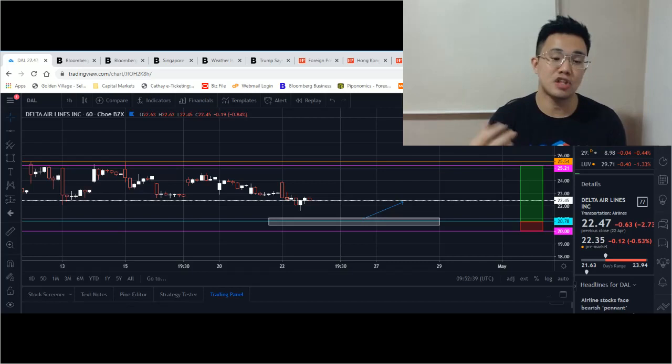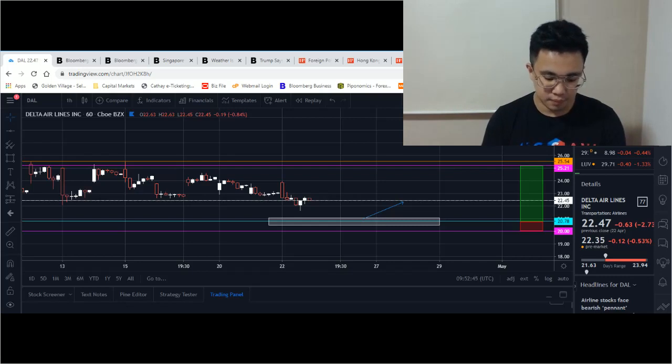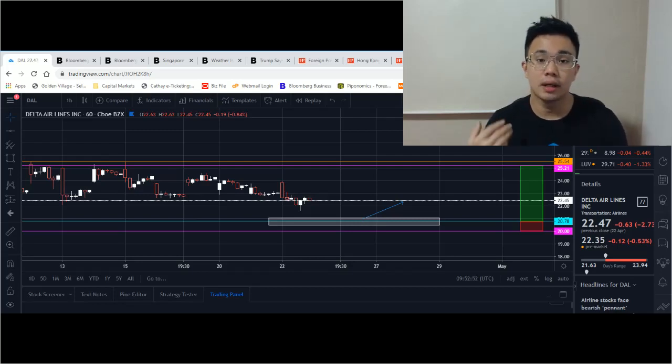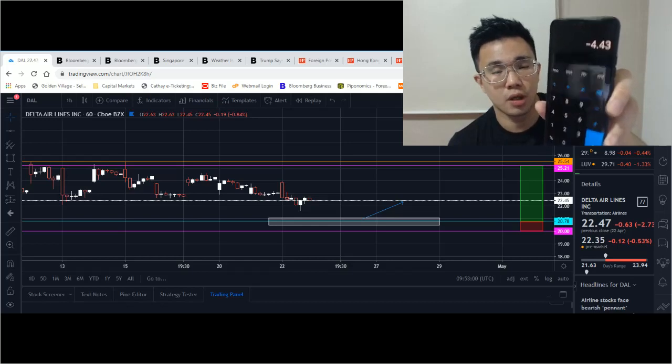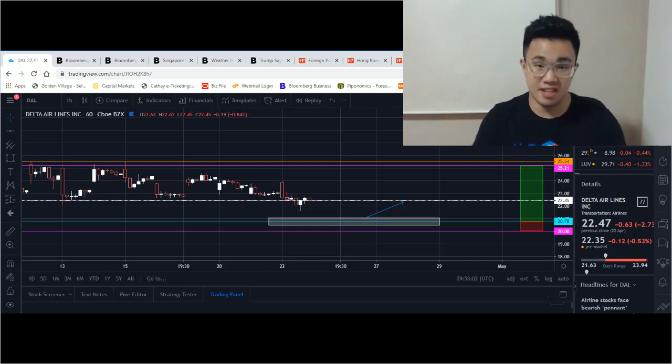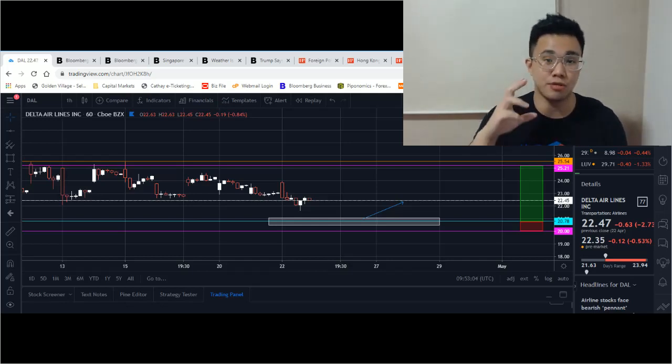Now, how much do you stand to make per share? Very simple. You take your entry level, minus away your potential take profit level, which gives minus 4.43. It says minus, but you should take it in absolute terms, which means it's 4.43.